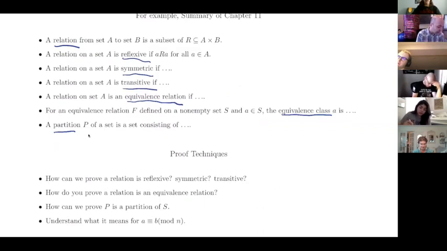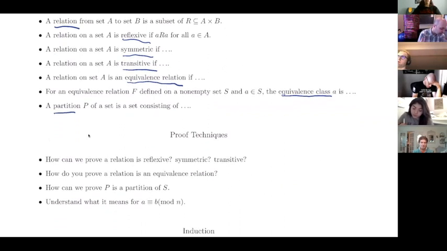In addition to that, how can we use these definitions in proofs? Some of the proof techniques that we've gone through are how we can prove something is reflexive, symmetric, transitive.